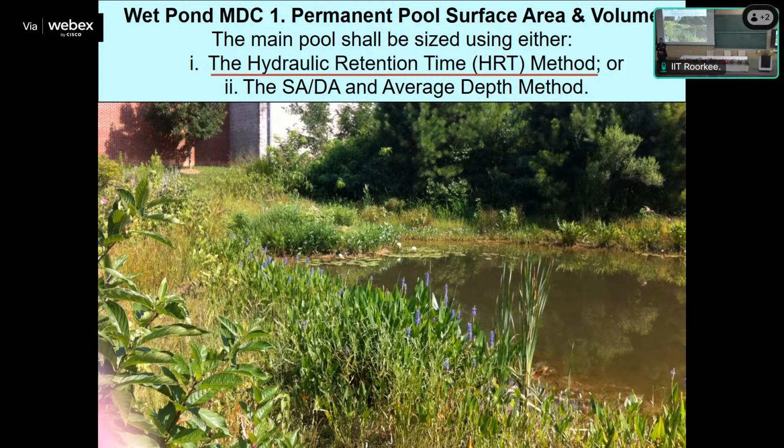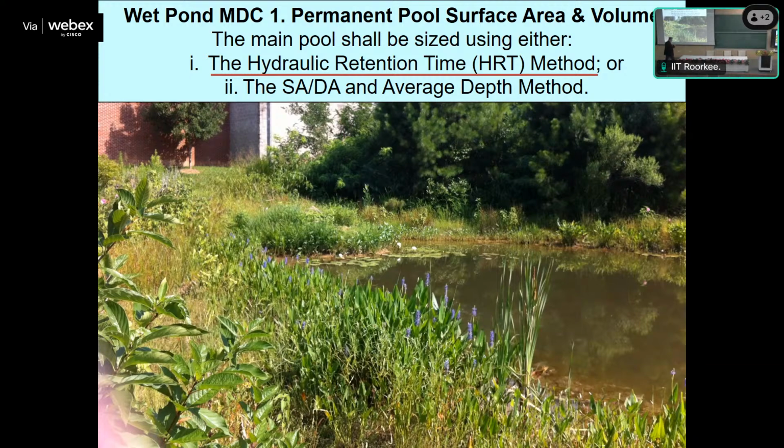Every single practice actually has a hydraulic retention time. We don't always calculate it, okay? So for example, for bioretention, which employs filtration, how much time do you need to expose filtration to a sediment particle that's about to get filtered? A second, right? It gets filtered and it's done, right?